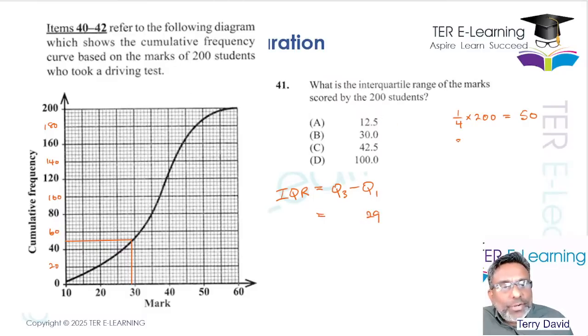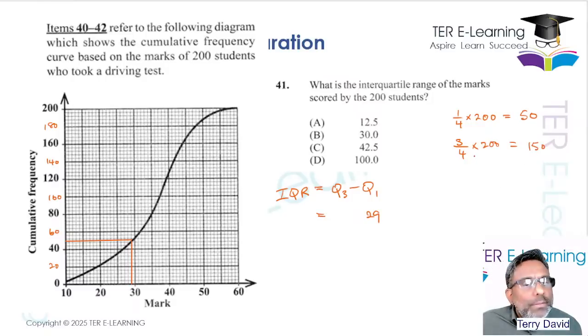We also need to read off at 3/4. So 3/4 of 200, that's going to be 150. So we're going to read off at 150, which is going to be across here. Now again, a lot of these multiple choice papers are kind of blurry.